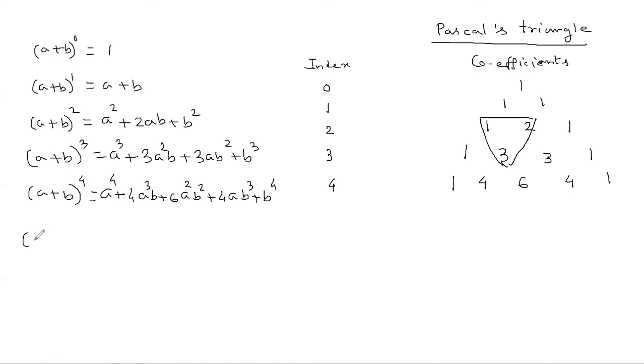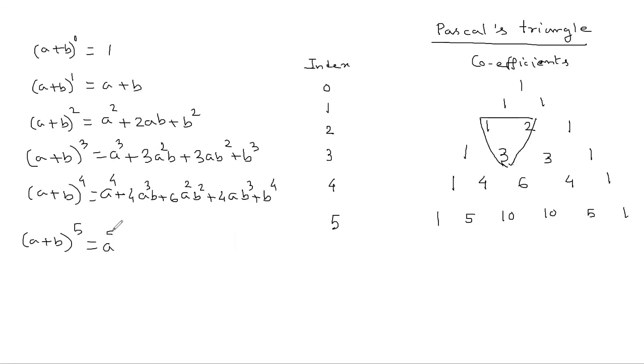Similarly, you can write (a plus b) power 5 very easily from this Pascal triangle. So here also we'll start with 1. Then 1 plus 4 is 5. So here we have the triangle. After that, next triangle is 4 plus 6 equal to 10. Here also 6 plus 4 is equal to 10. 4 plus 1 is 5 and the last one is 1. So here, what is our expansion?